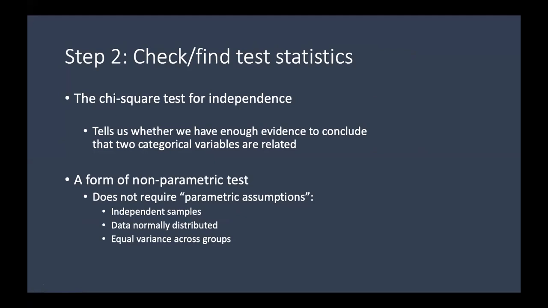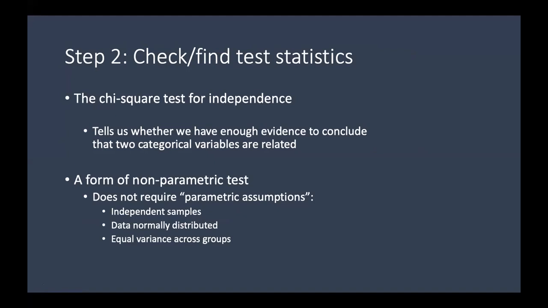We have the frequency table, but we want to turn that into a single test statistic that we can then use to determine the probability of obtaining that statistic or more extreme. The chi-square test tests whether two categorical variables are independent or related.